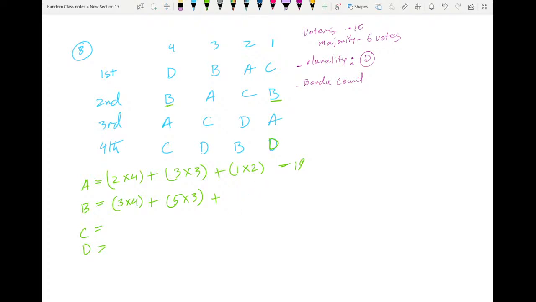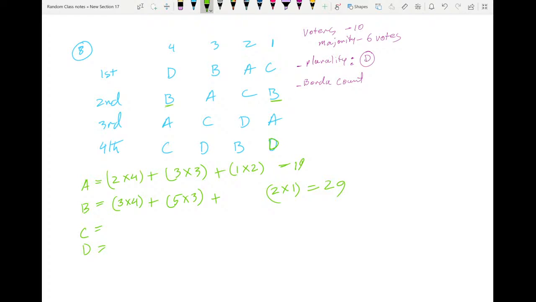Let me write it this way so we keep a record of that. So 3 times 4 plus 5 times 3 plus 2 times 1, which is 29. Ooh, B is already looking good.